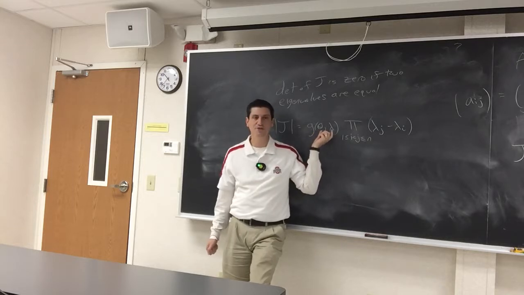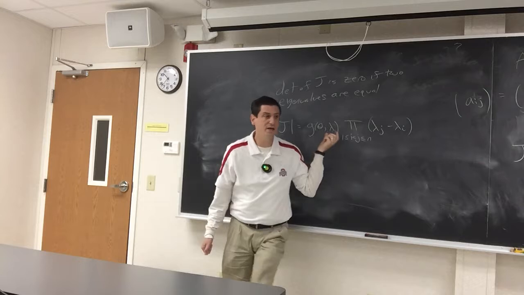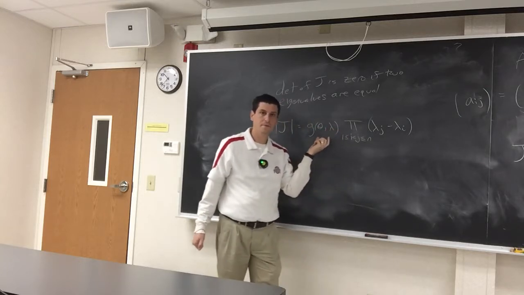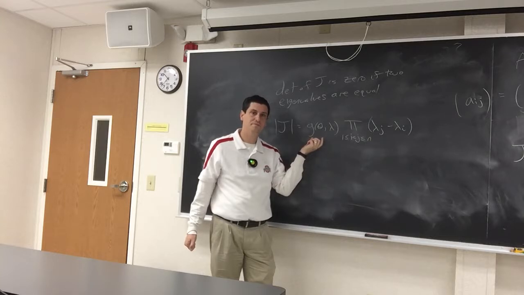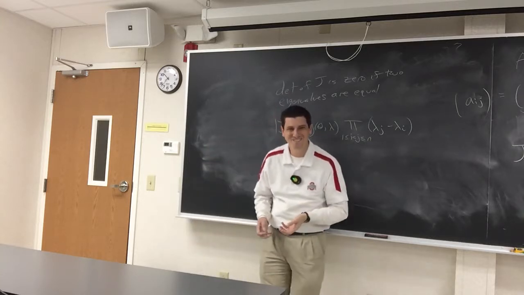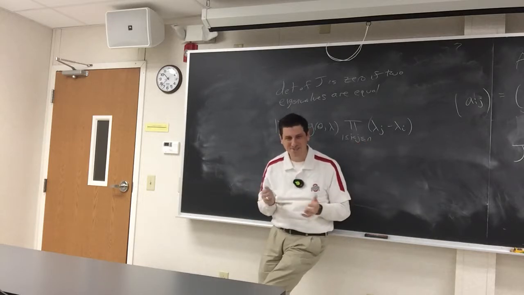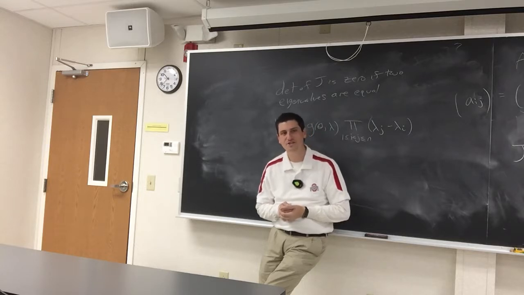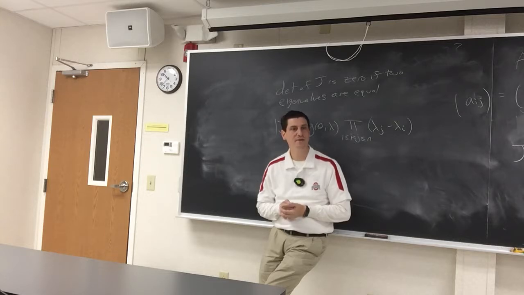What do we hope is true about this function g of theta, lambda? What would we love to be true about this function? So we would definitely love it to be constant, but I think that's asking too much. How would you like it to depend on lambda?